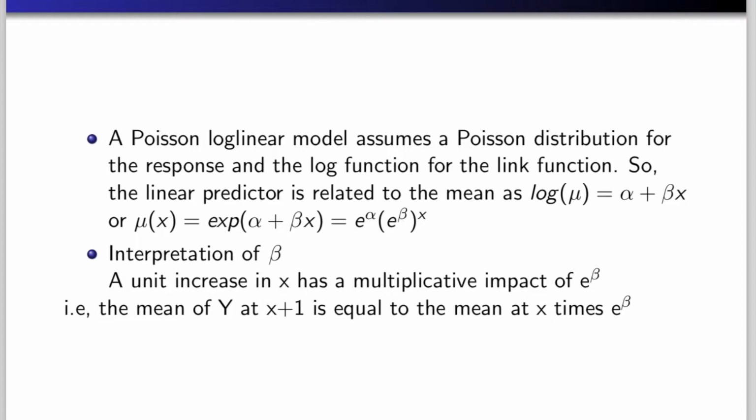So if beta equals 0, then e to the beta equals e to the 0 equals 1, and the multiplicative factor is 1. So the mean of y does not change as x changes. If beta is greater than 0, then e to the beta is greater than 1, and the mean of y increases as x increases. If beta is less than 0, the mean decreases as x increases.